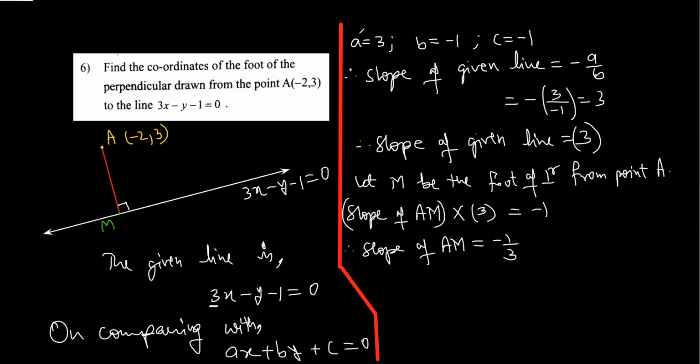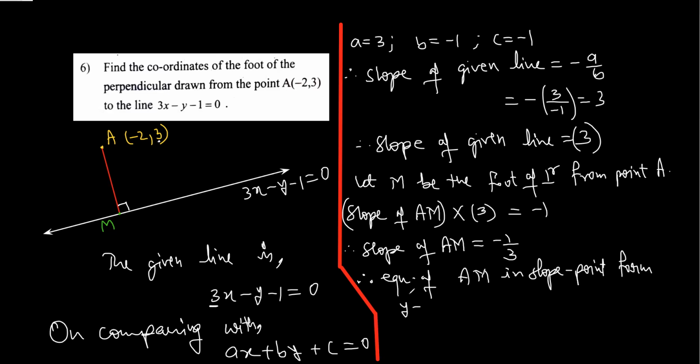What I will do? I will now get the equation of AM in slope point form. So I will write, therefore, equation of AM in slope point form. What will that be? It will be y minus y1, where y1 is 3.